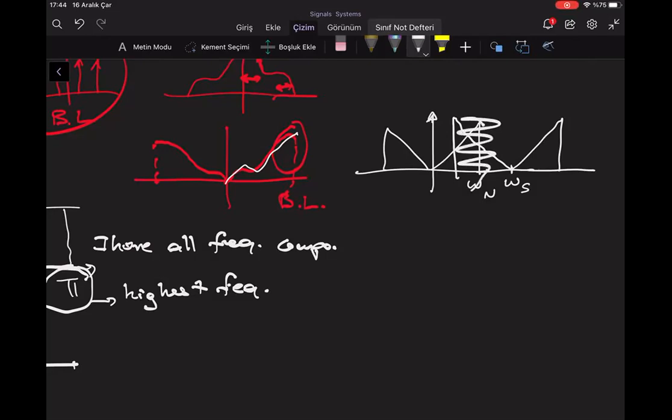What does it mean? Bad luck. All my signal will go, because all my information is in the high frequency range. That's why I have to keep my sampling away from the other one.